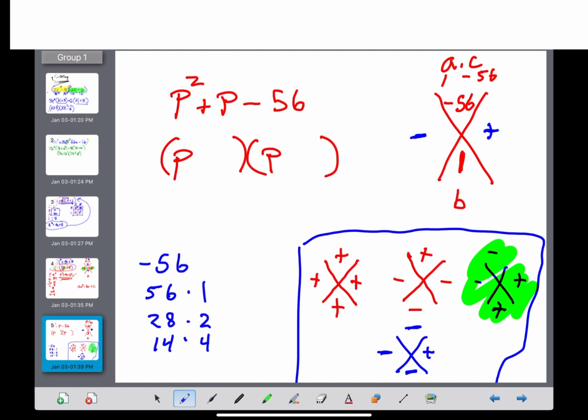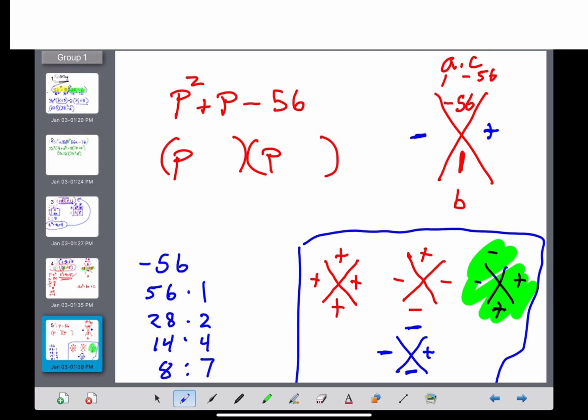One of them is positive and one is negative, right? What else is there? Does 6 work? 6 doesn't work. Does 7 work? 7 and 8? 7 times 8 is 56.